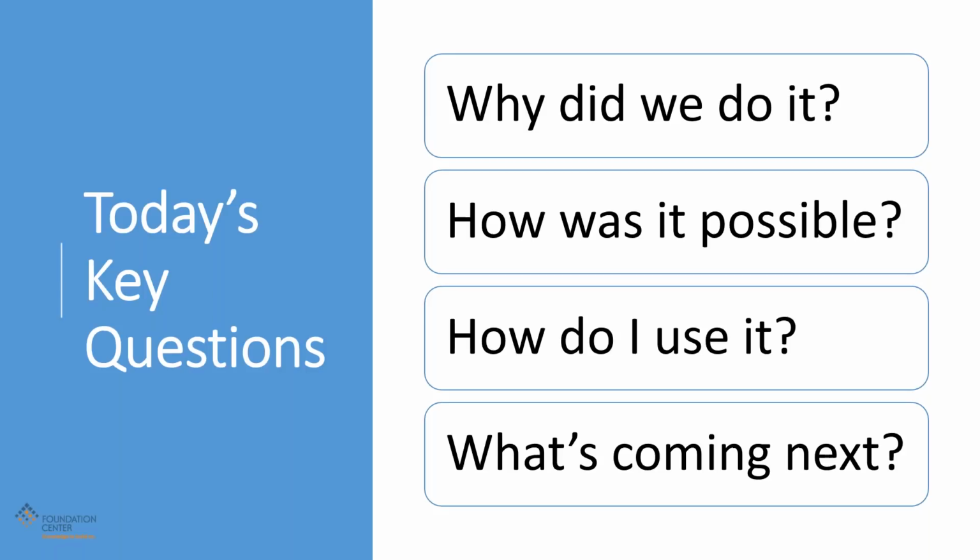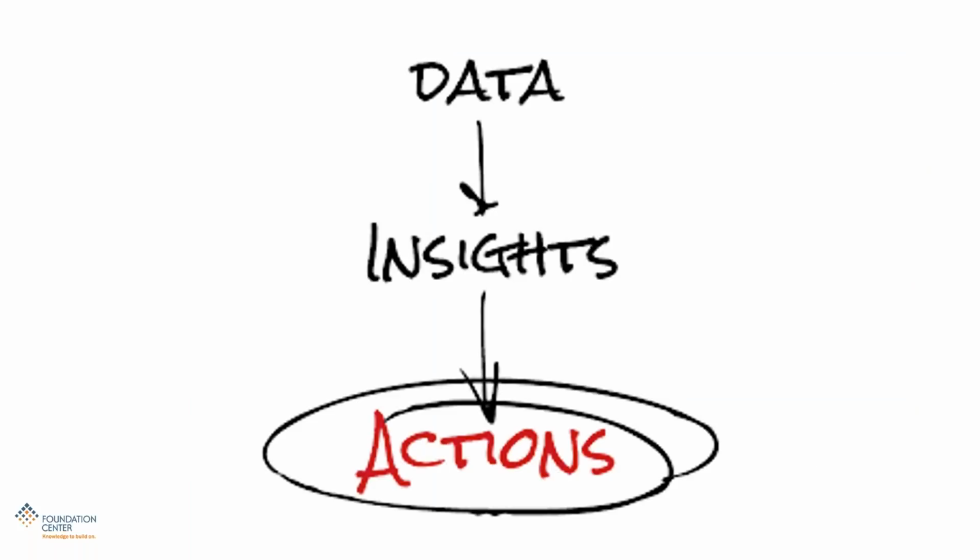Now, why did we do it? So when you expand the data set as much as we did, it introduces almost another problem to solve, right? How do you go and navigate through this much data, right? Because data is fine, but unless you can glean in an efficient way meaningful insights so that you can turn that into actions, all the data in the world's not going to help you.